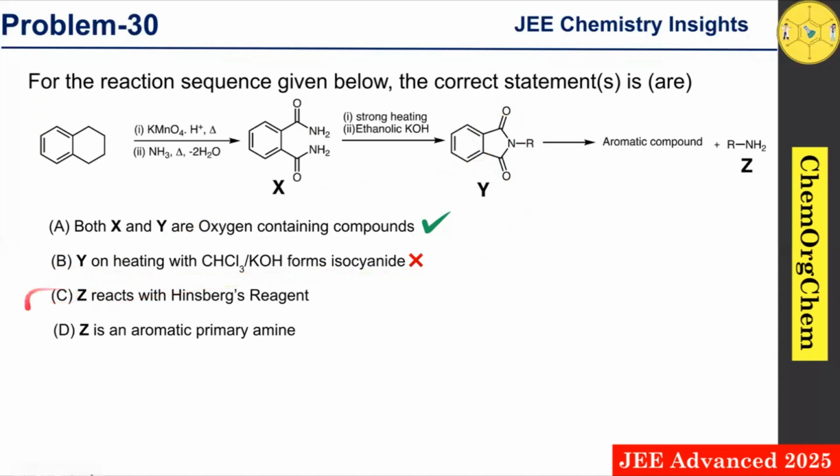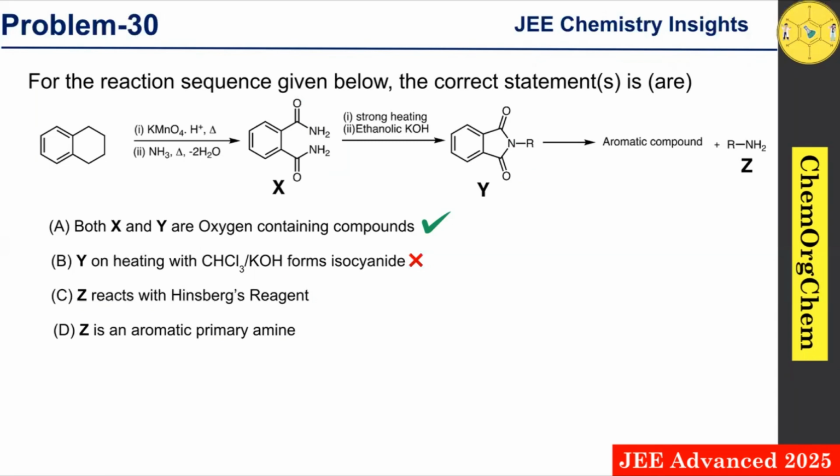Let's move on to statement C, which states that Z reacts with Hinsberg reagent. We already discussed Hinsberg reagent in one of our earlier questions. If anyone missed that video, you can find the link in the description box below.